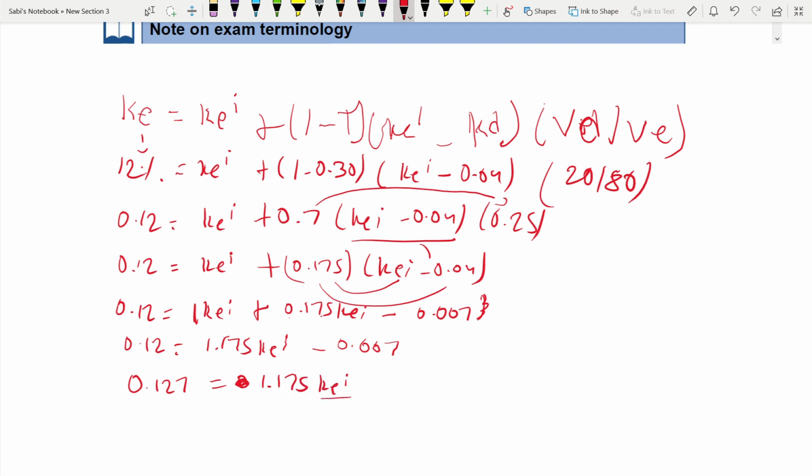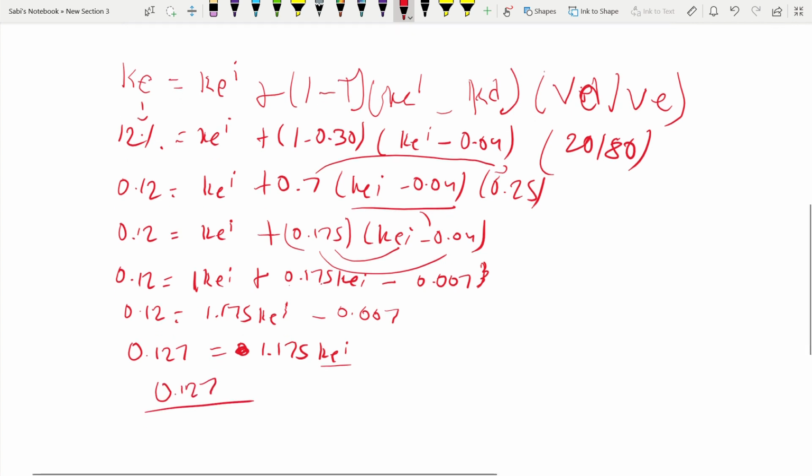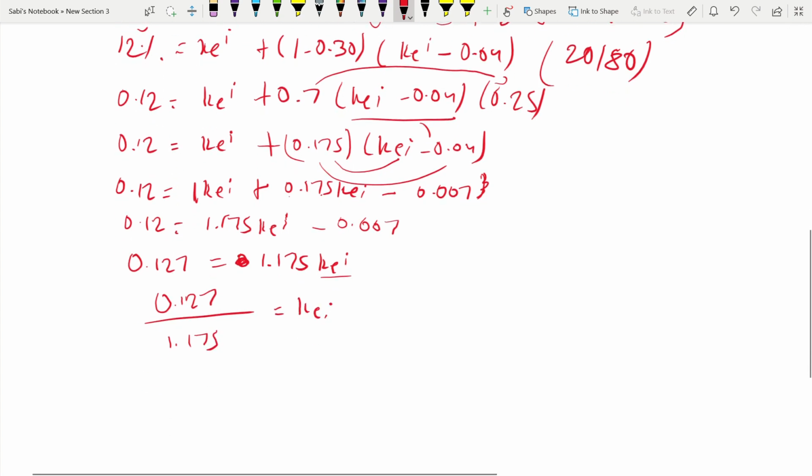If you just want this, simply divide 0.127 by 1.175 equals KEI, and your KEI will be equal to what? 0.108. That means 10.8%.